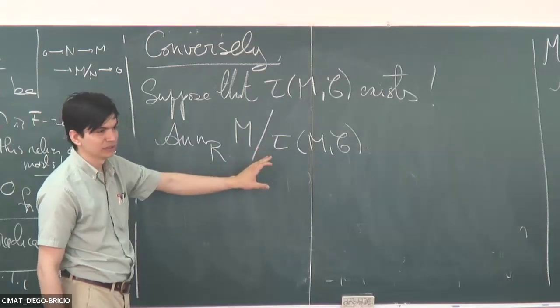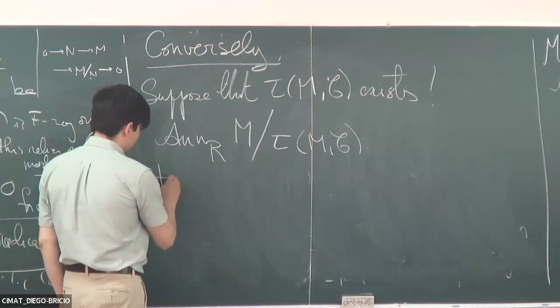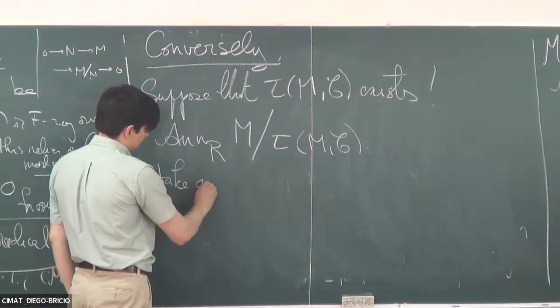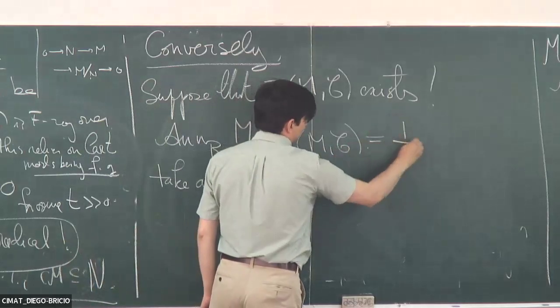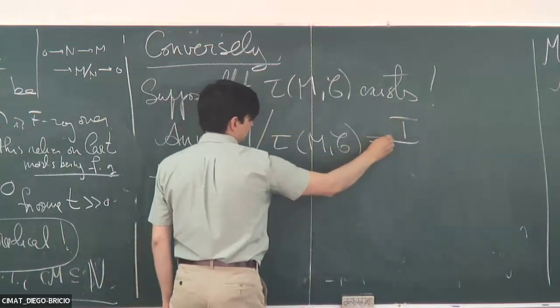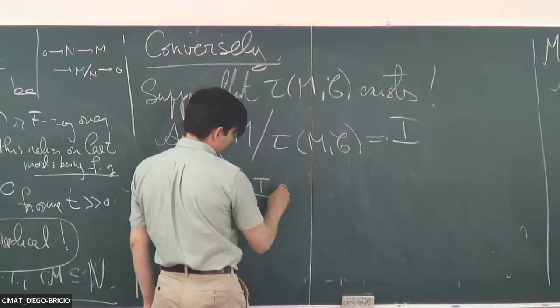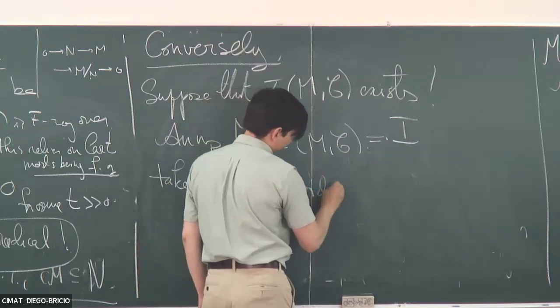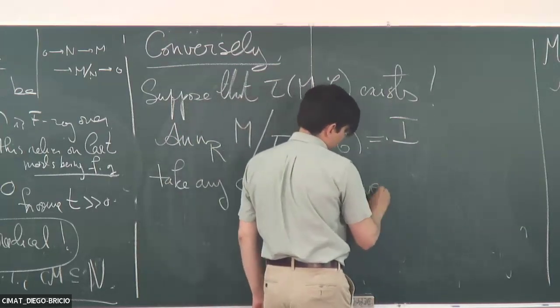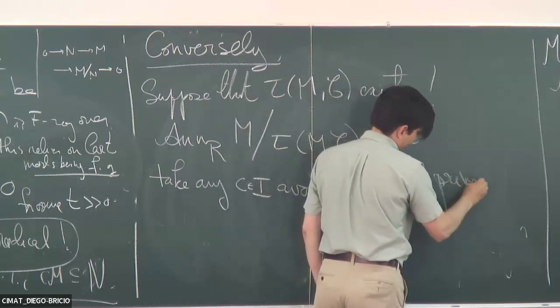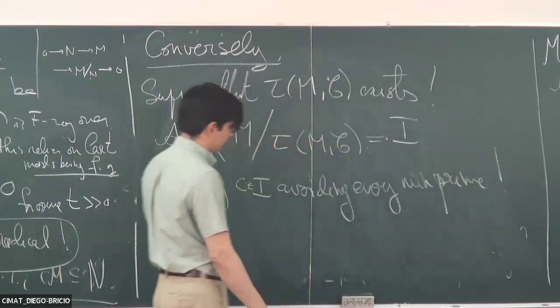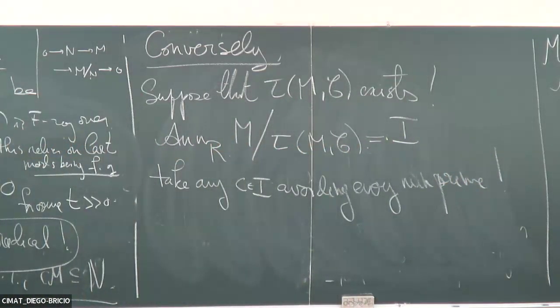So then literally just take any C, let's call this ideal. Okay, let's take any C in I, avoiding every minimal prime, which exists.